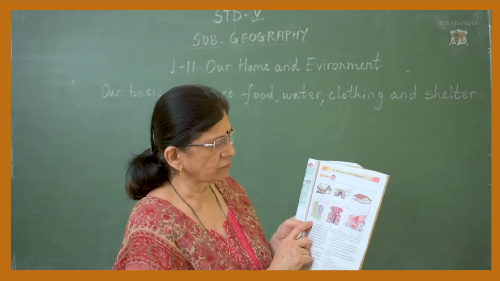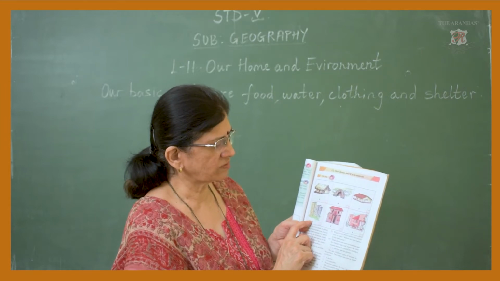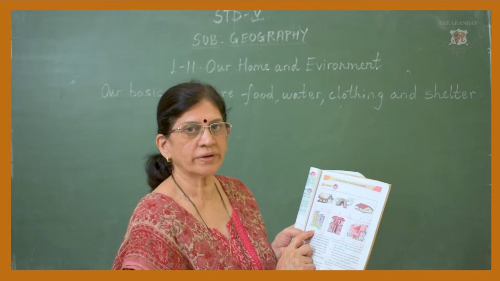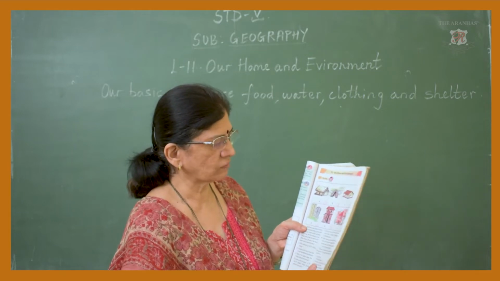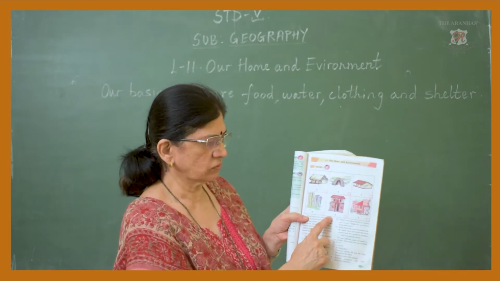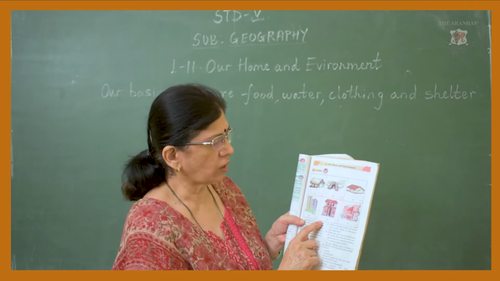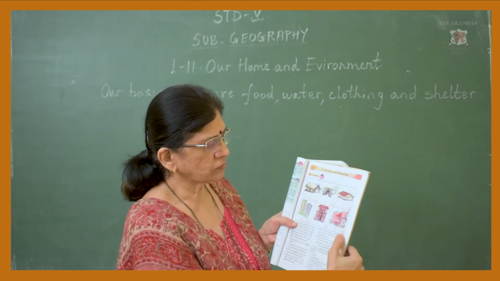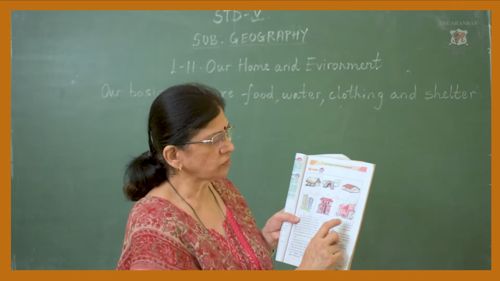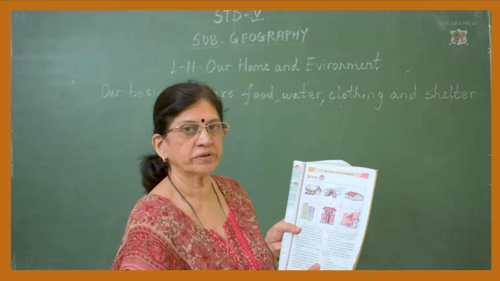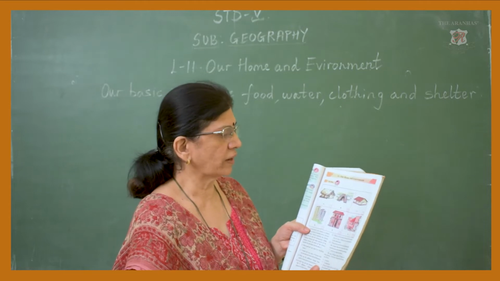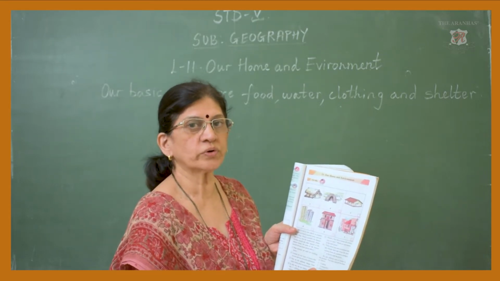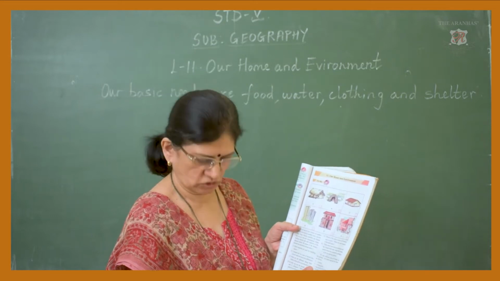Then D is a building which you find in the urban area, that is the cities. E also is a 2-storied house, and F is like a duplex. So these all 3 are found in the cities, and A, B, C type of houses are found in the rural areas, that is the villages.